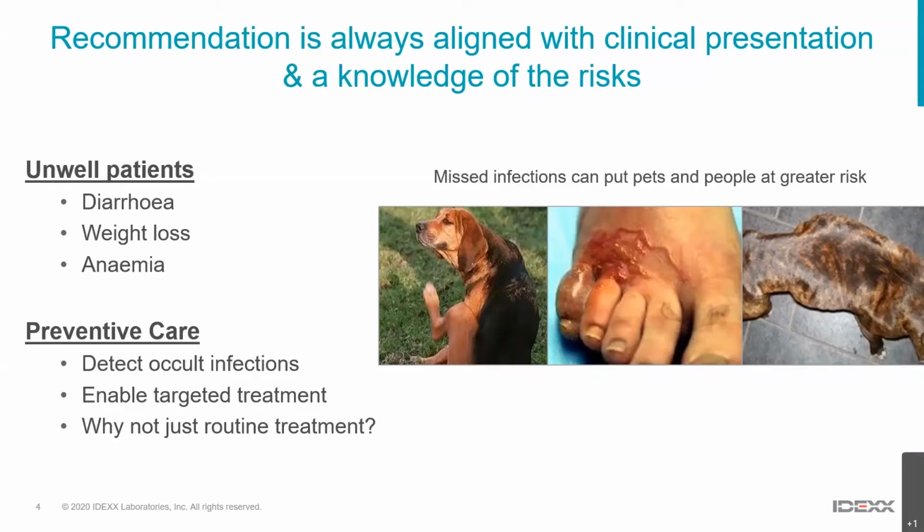It's important to remember that whilst they're not common, some of these parasites have zoonotic potential. If we look at some of those pictures, nobody wants to wake up with a foot like that. That's hookworms penetrating the skin and burrowing through tissues. With roundworms, we can get visceral larval migrans. So I think it's important that we consider this, and good parasite control is part of that.